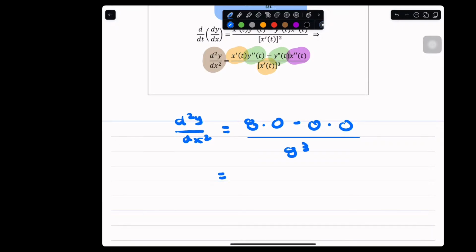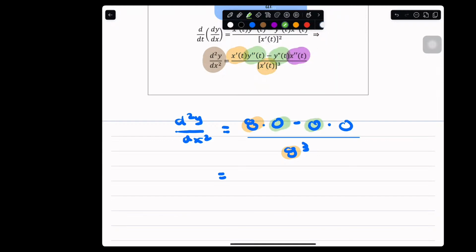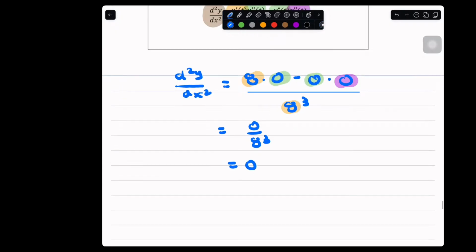Okay. So even if we did the colors for you to see clearly what you plug in, ladies and gentlemen, you end up with 0 over 8 cubed, and that derivative is 0.